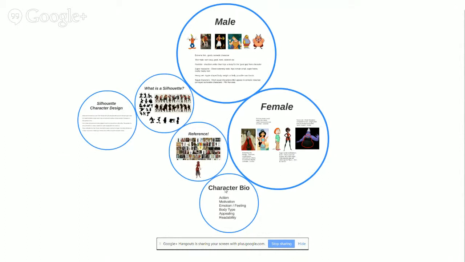Start perhaps writing up 2 or 3 different bios of characters and reasons as to why they're living in this environment, reasons why they're from that background, and what their upbringing was like, who their parents were, what their job was. All of these things are going to tailor and frame that character into some form of design. And without doing that, you're going to struggle, and you're not going to have a character that is appealing.